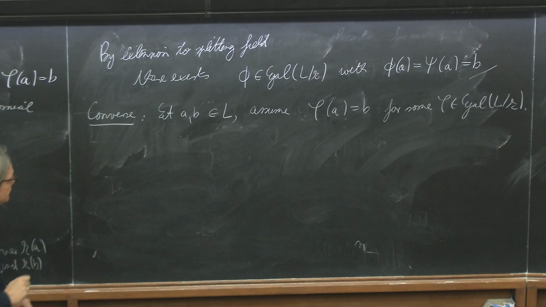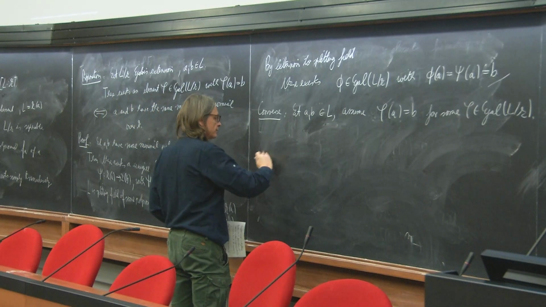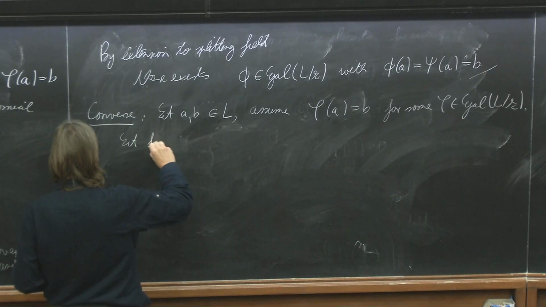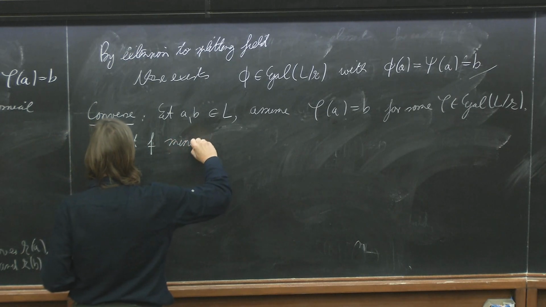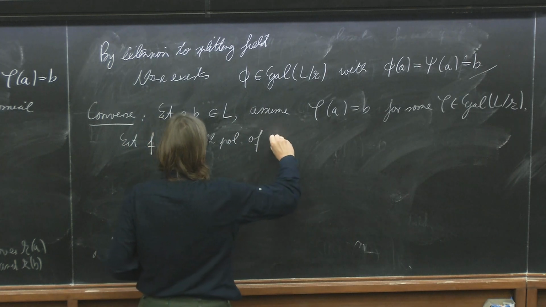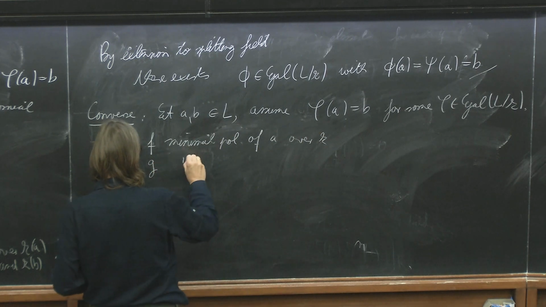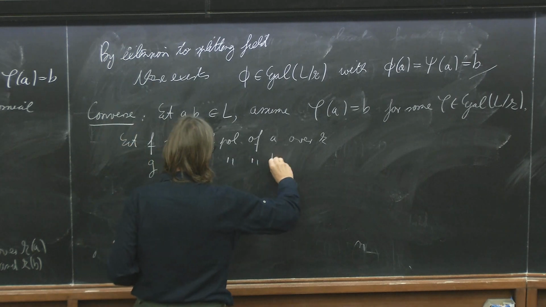Now we take the minimal polynomial of both of them, and then we have to show that they are actually equal. So let f be the minimal polynomial of a over K and g of b over K.